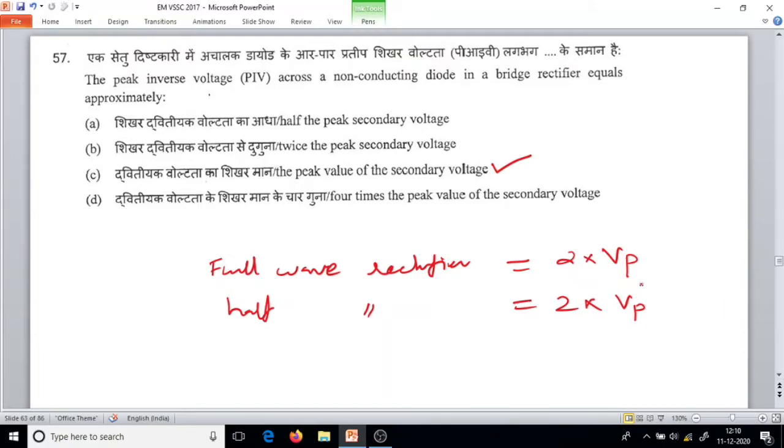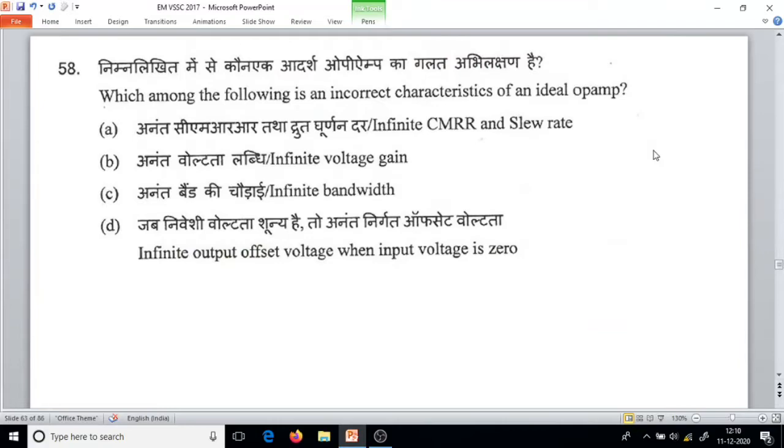So for a full wave bridge rectifier, this is one of the advantages. And what is the efficiency of a full wave rectifier? That is 81.2. I'm not going into detail. We'll go to the next question.